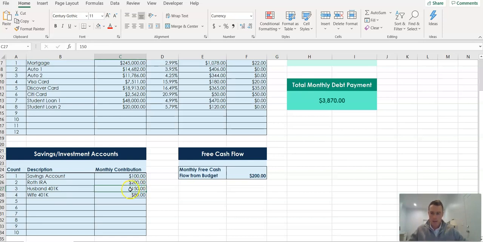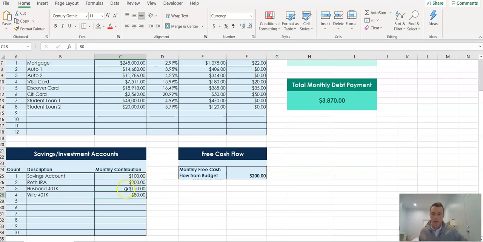In this case, we've got $150 with the husband's account, $80 with the wife's account, so that's a total of $230. That could be $230 they're contributing with no match because their employer is not providing any match, or maybe they're contributing a total of $730 to the two accounts, but $500 of that is getting matched. We don't want to touch that $500 that's getting matched.